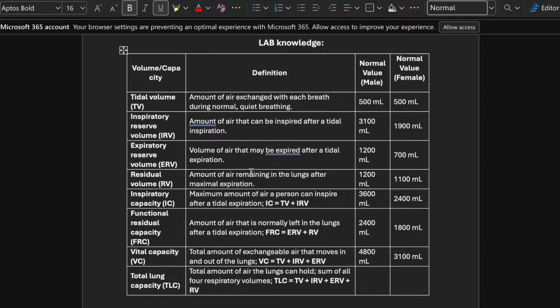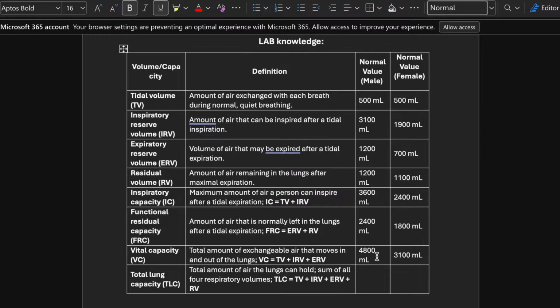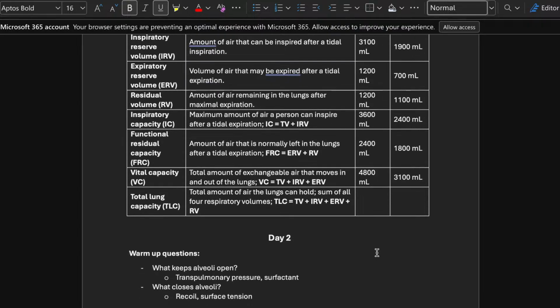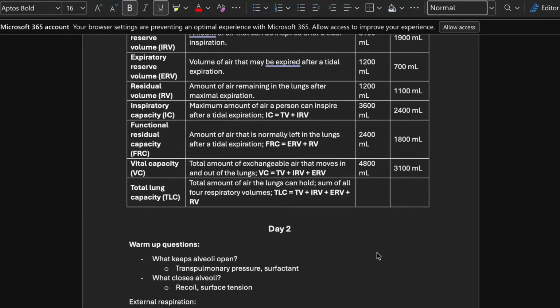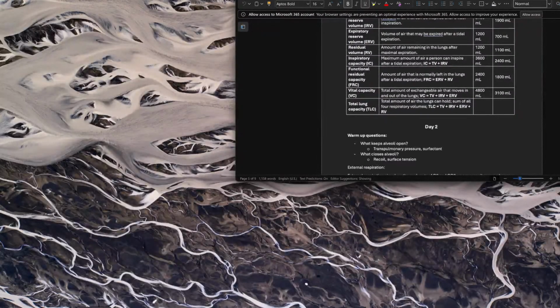Vital capacity, IRV, TV, ERV, not excluding our residual volume, which is 480. Okay. So yeah, I guess I just have to look at these very often and commit them to memory.